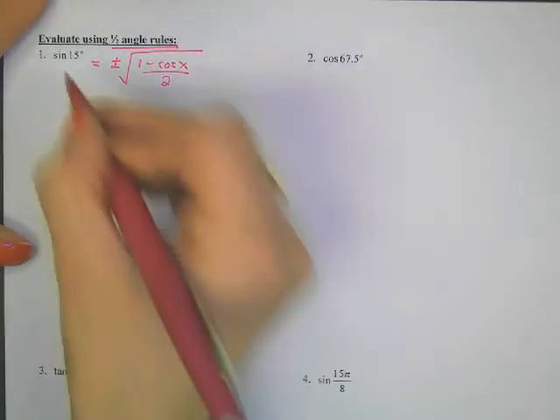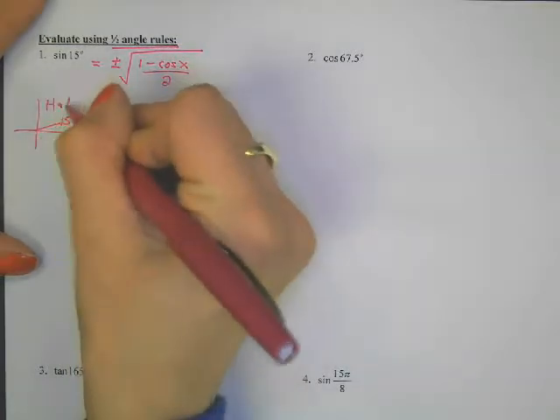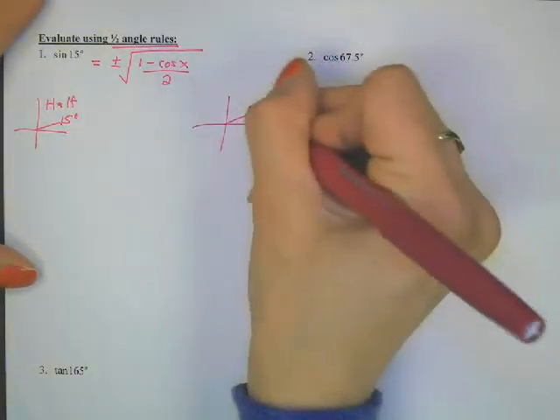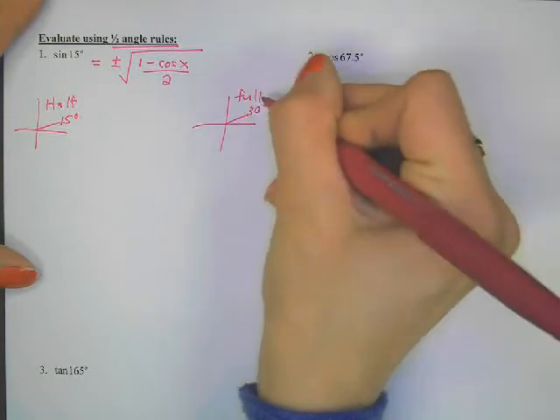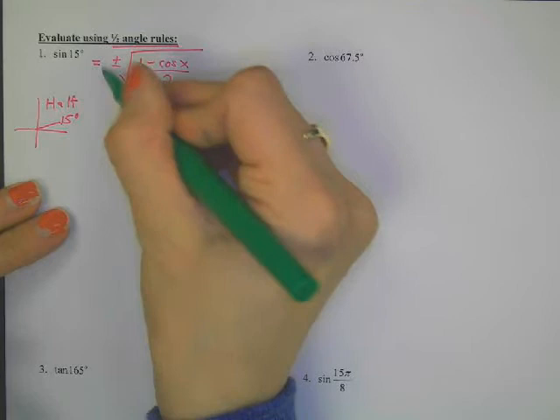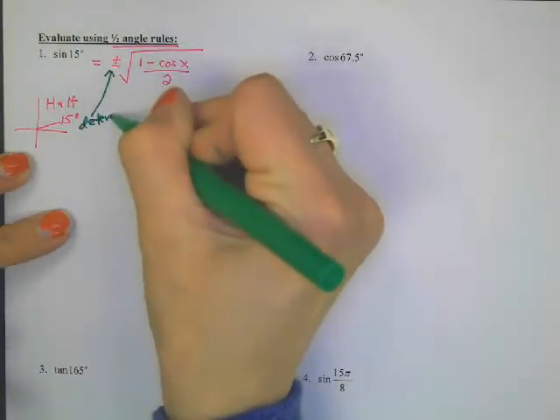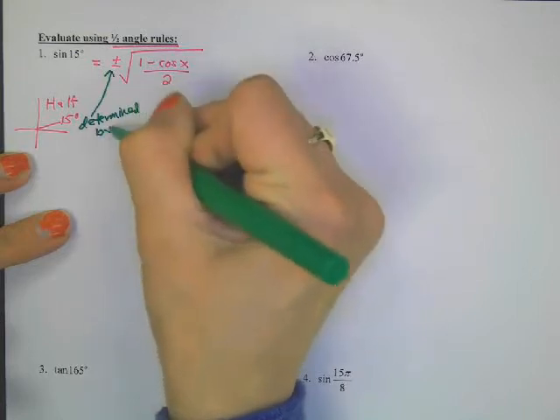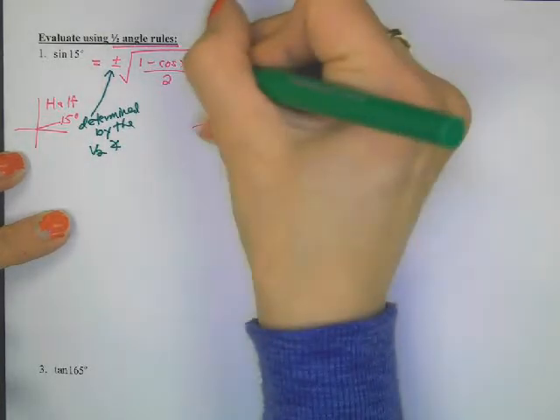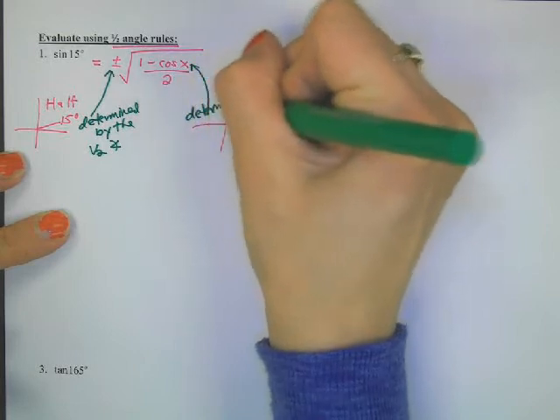So let's figure some things out. 15 degrees is right here. 15 degrees is the half. And 30 degrees is the full. So what we're going to do is we're going to take this sign right here, and that sign is determined by the half angle. But this value right here, determined by the full.